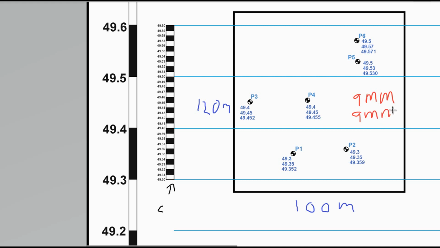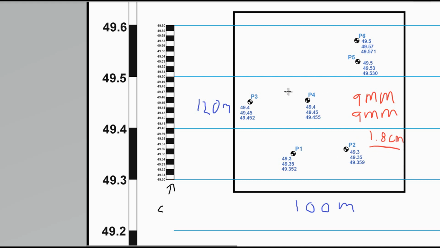If you add them, that is 1.8 centimeters of error. And if the groundwater table is very flat, that is enough to change the groundwater flow direction.